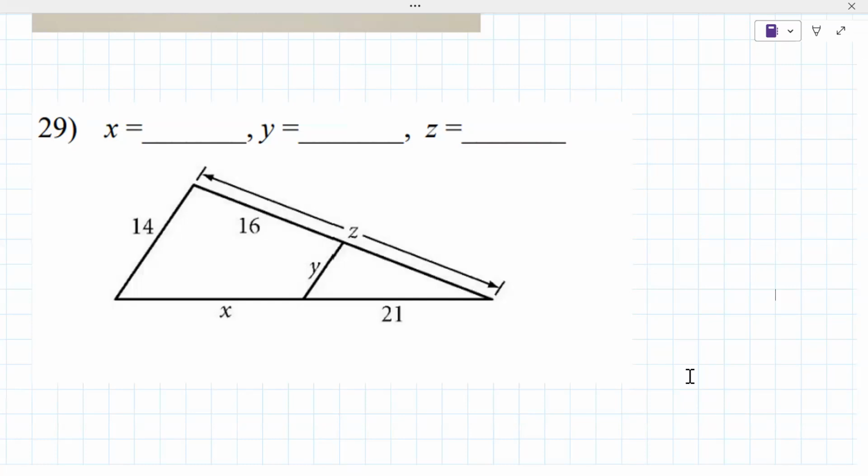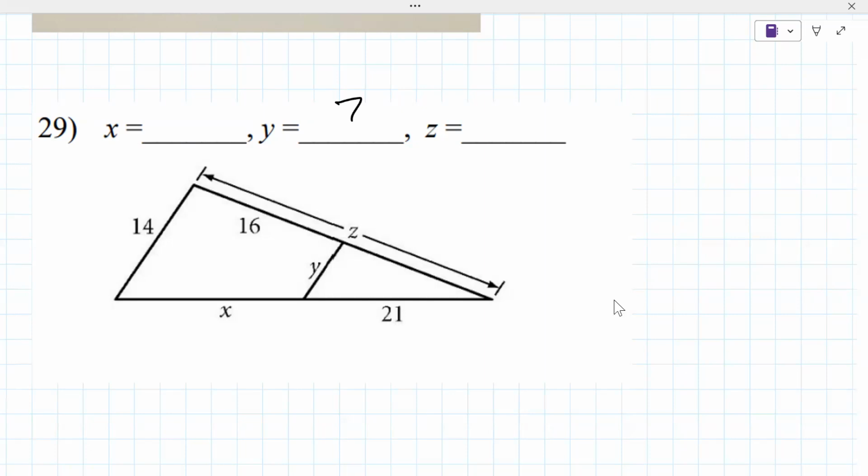Well, y equals 7. Okay. Let's see. Is z 24? How did you come up with that?